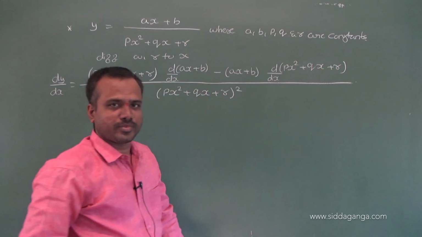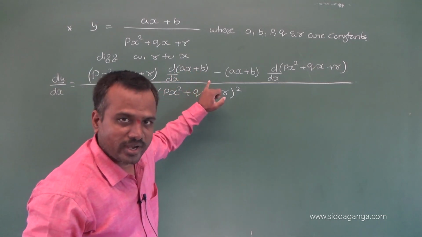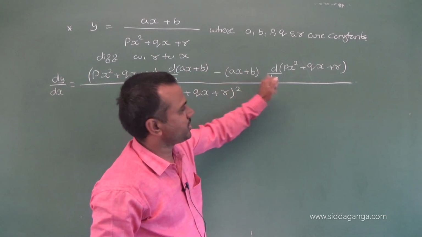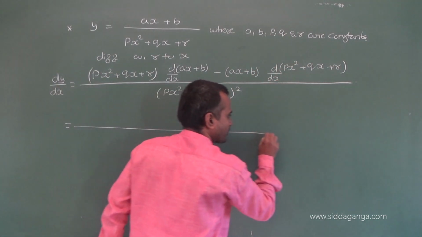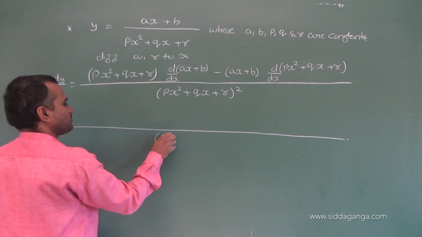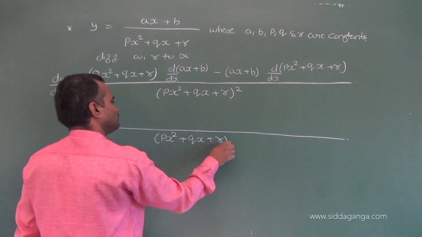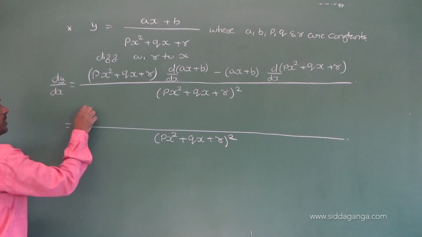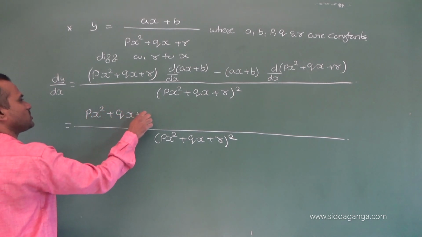This is the first term: denominator into derivative of numerator minus numerator into derivative of denominator. So we write this denominator as it is, px square plus qx plus r.